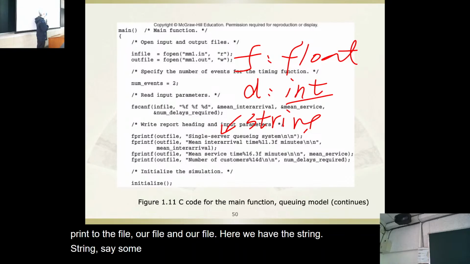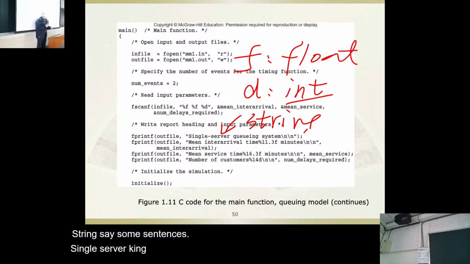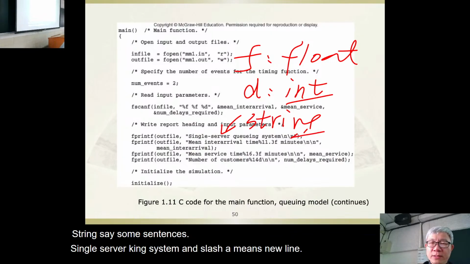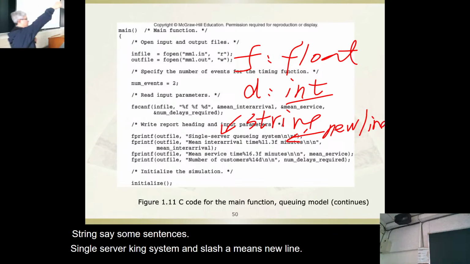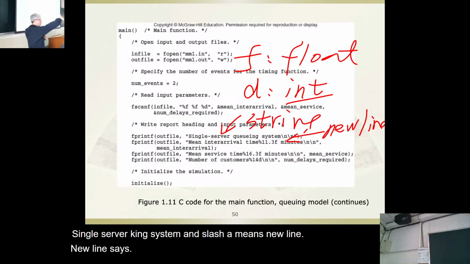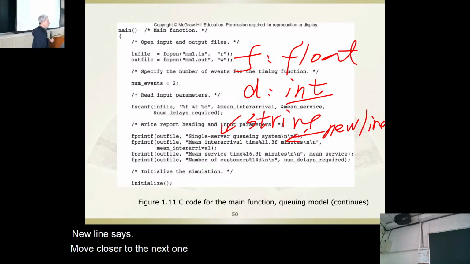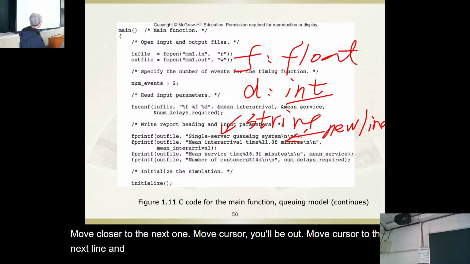Single server queueing system. And \n means new line. New line says move the cursor to the next line. So new line, new line.